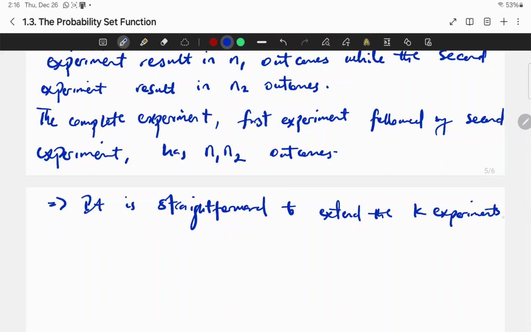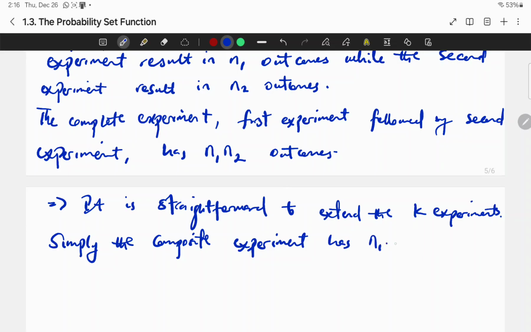If you have more than 2 experiments, simply a composite experiment of k has n1 times n2 through nk outcomes. That is very easy for us to understand.